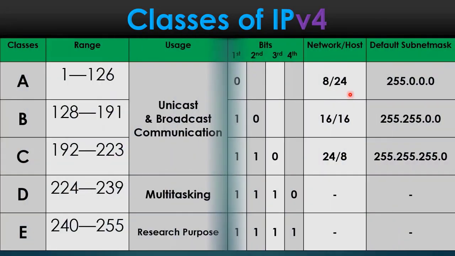Classes of IPv4. There are 5 classes in IPv4 that are A, B, C, D and E. Class A range starts from 1 and ends at 126.